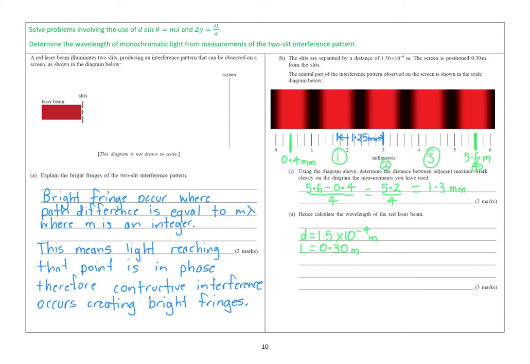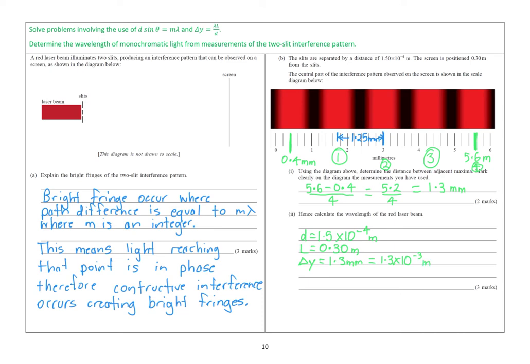We've got two significant figures there, just making a little note for when I get to my final answer. We know that delta Y from the above question is equal to 1.3 millimeters. Must convert that to meters, standard unit, so that's 1.3 times 10 to the minus 3 meters.